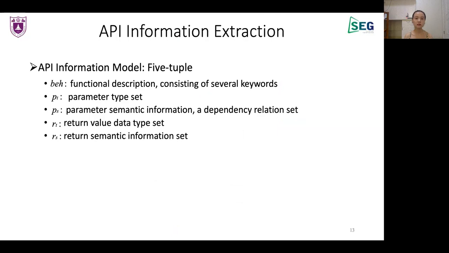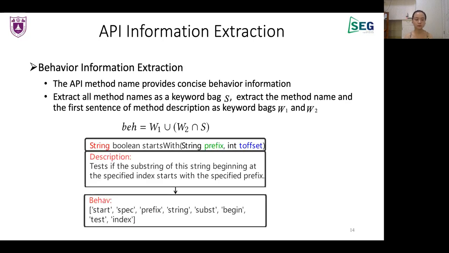The PT is the parameter type set. The PS represents parameter semantic information. It's a dependency relation set. RT is the return value data type set. S is the return semantic information set.